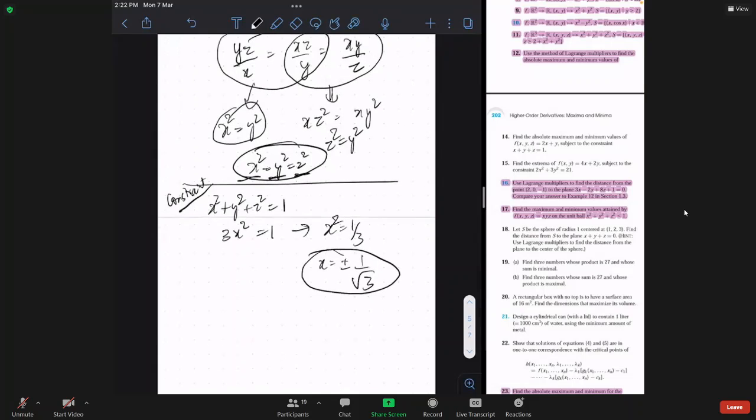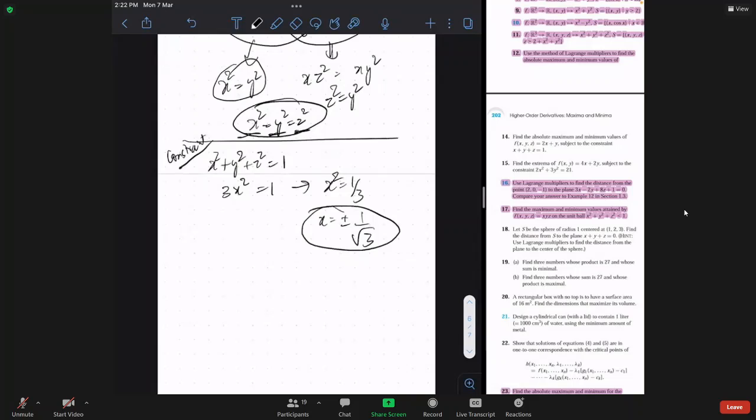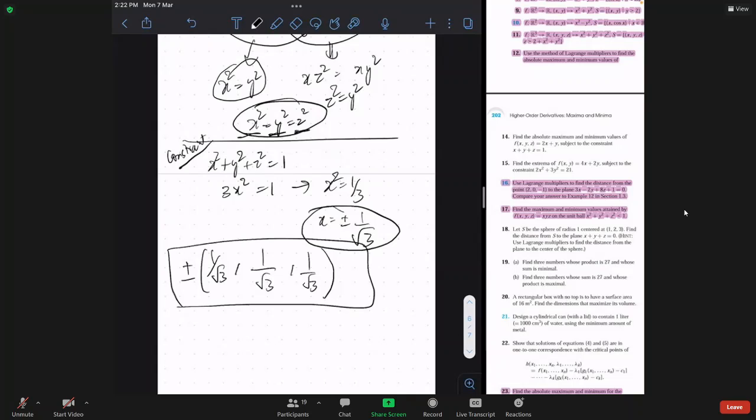So this is one coordinate. If I take x equal to 1 by root 3, the other coordinates can be anything. So I'm just going to say the points are plus or minus 1 by root 3, 1 by root 3, and 1 by root 3. It can be any combination of signs. So these are the set of critical points.